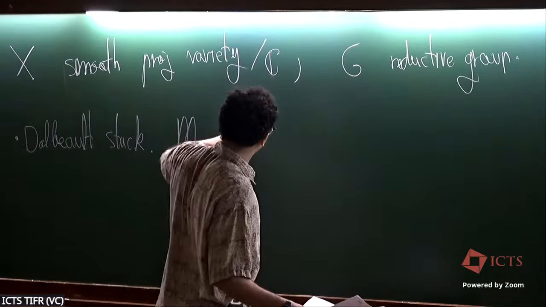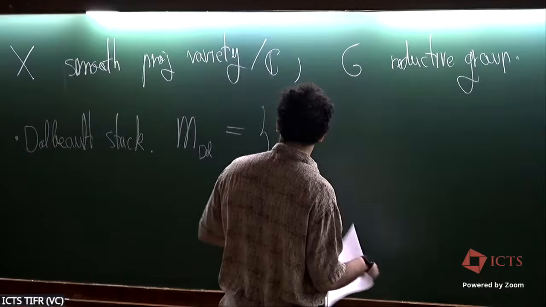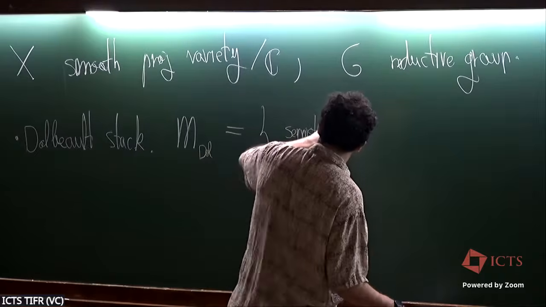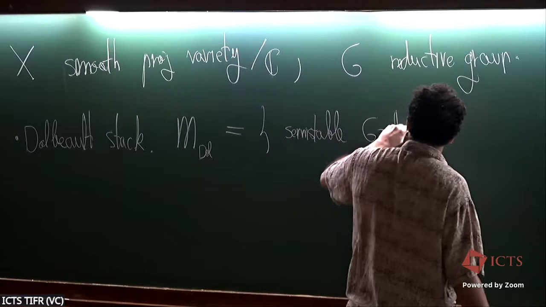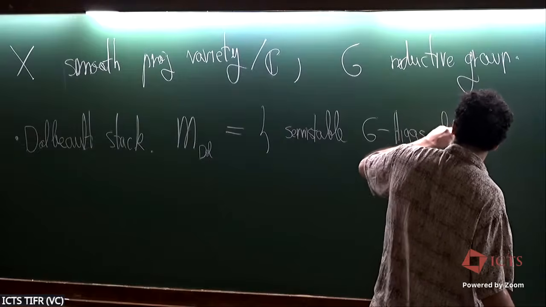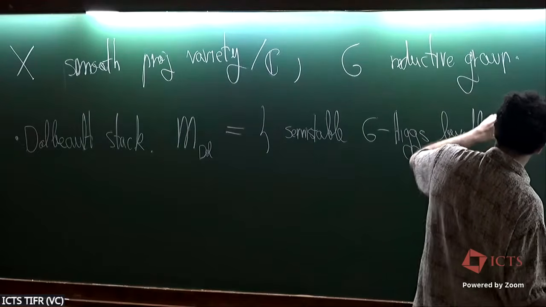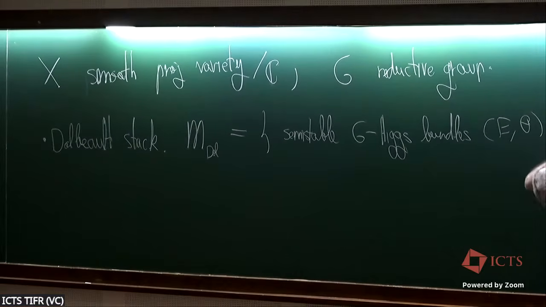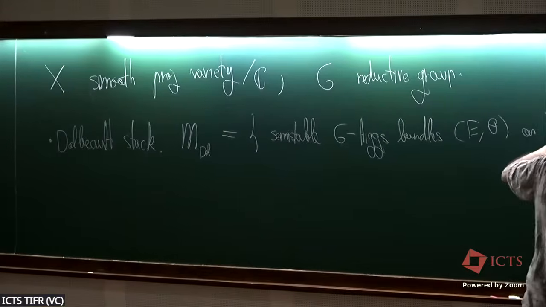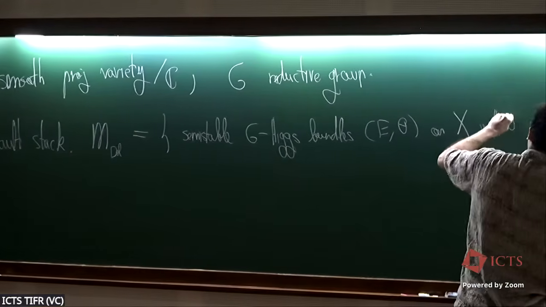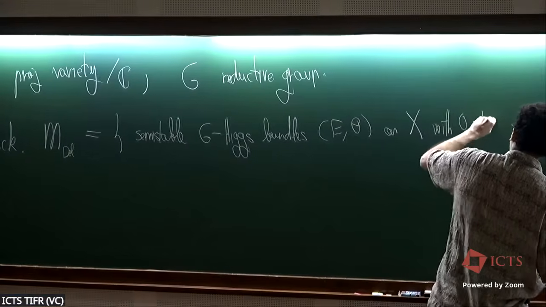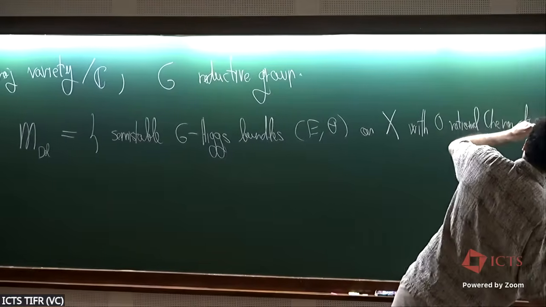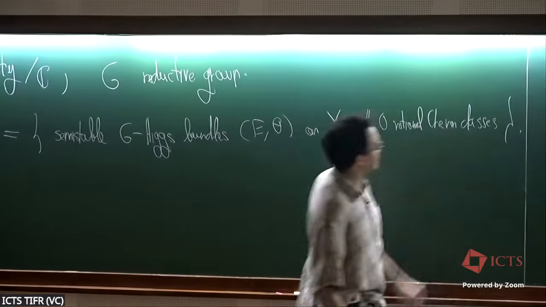It parameterizes semi-stable G Higgs bundles (E, theta) on X with vanishing rational Chern classes. So that's my first stack.